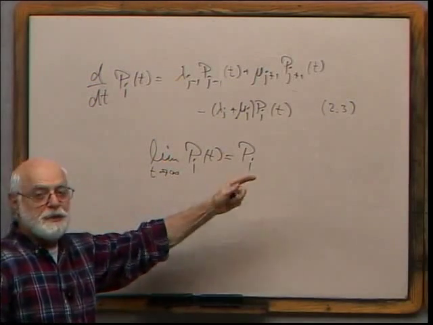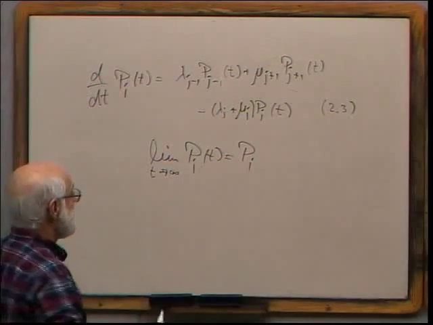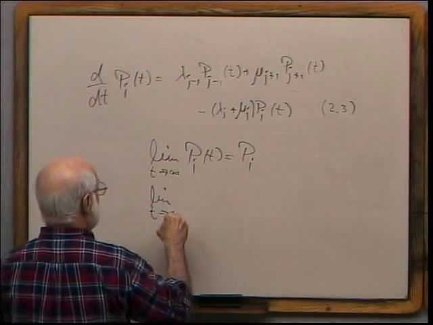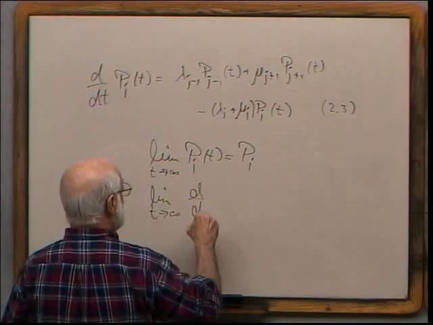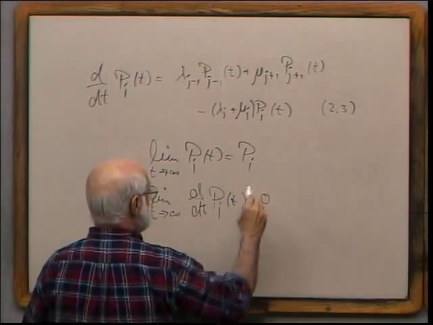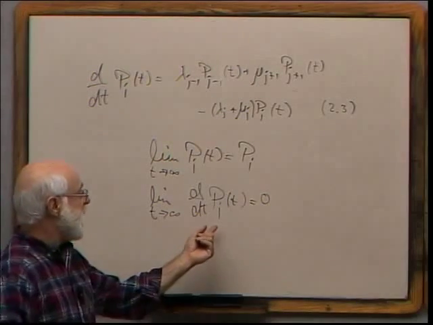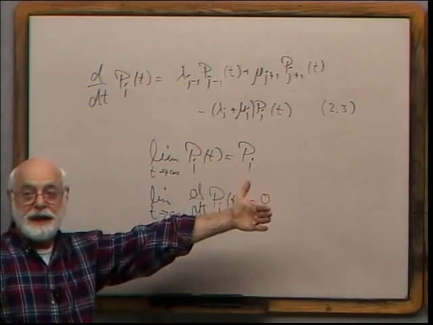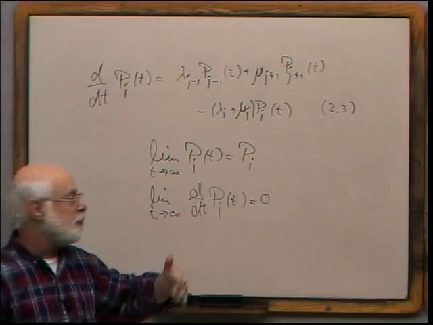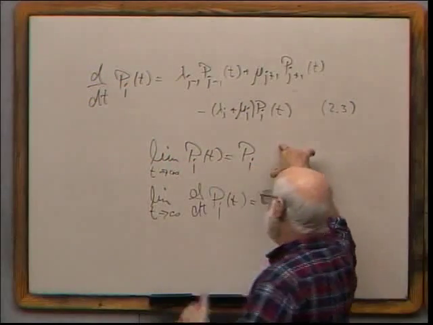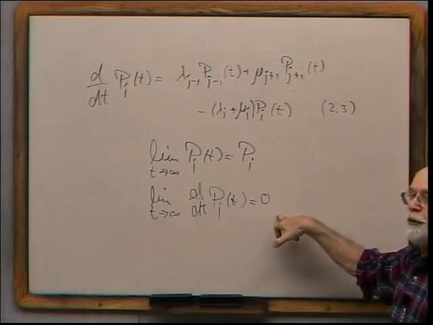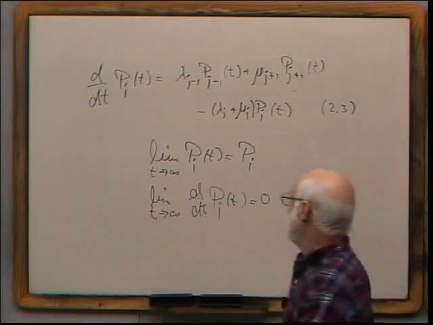And the second thing is that the limit as t goes to infinity of the derivative of pj of t would be 0. And we observed that in the case for which you could actually make the calculation. So it's reasonable to assume it'll always be true. Because if you have a limiting distribution, that means the probabilities approach a constant, so therefore their derivative should approach 0.